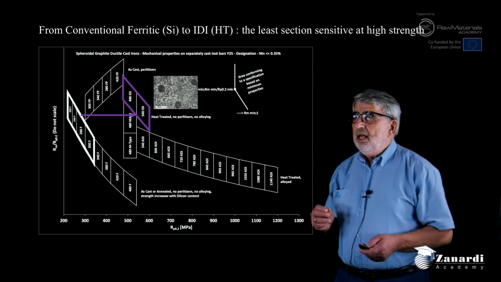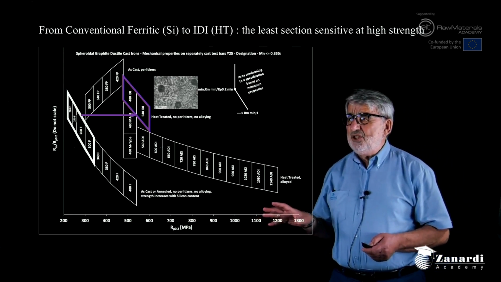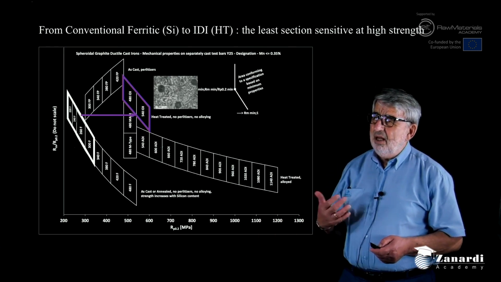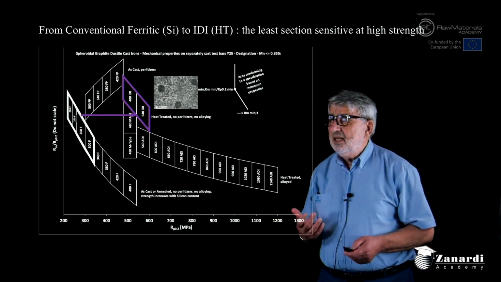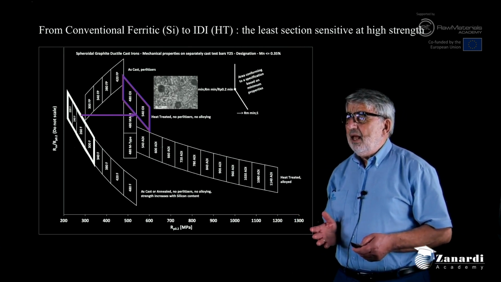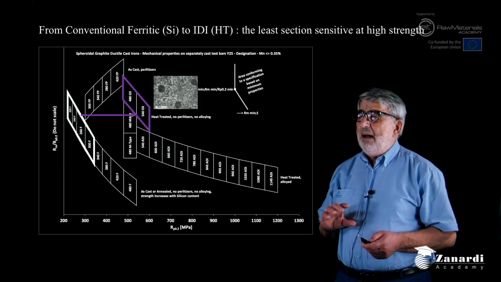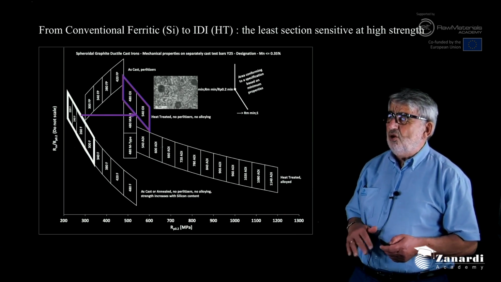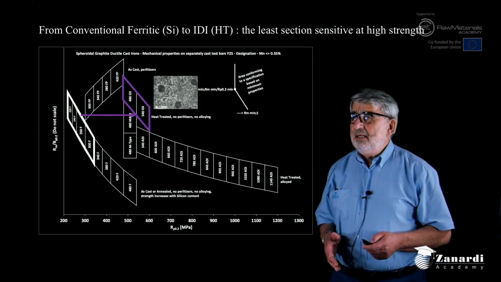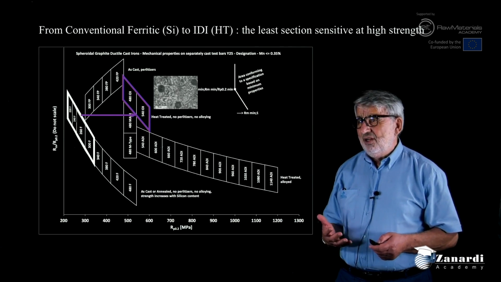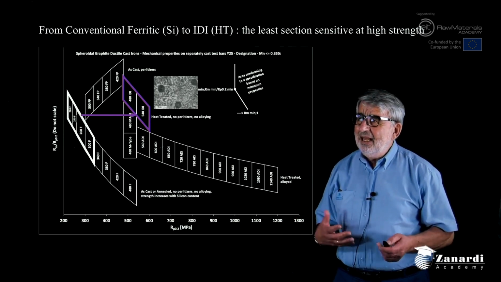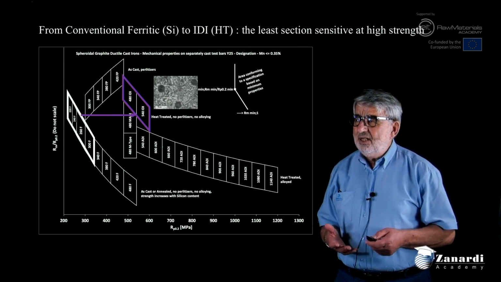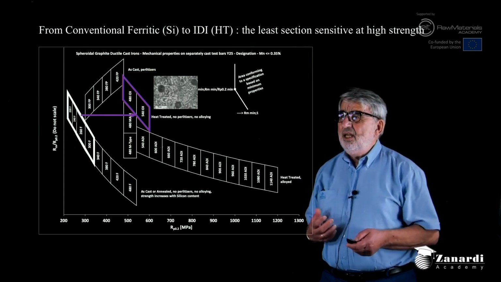Then, if we consider this base material, ferritic material with silicon from below 2% up to 2.8, and we make a heat treatment by austenitizing in the intercritical range and then quenching into a salt bath to obtain the dual ferritic structure, that is ferritic-pearlitic interconnected, because of the high cooling rate for quenching into the salt bath.